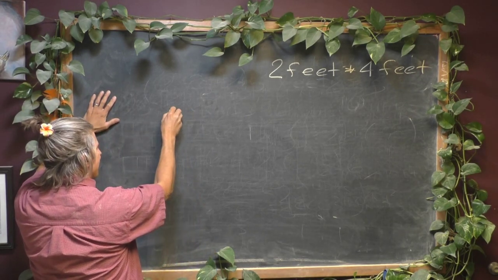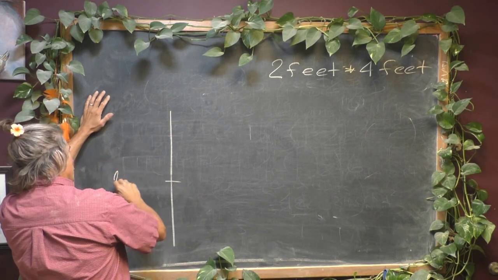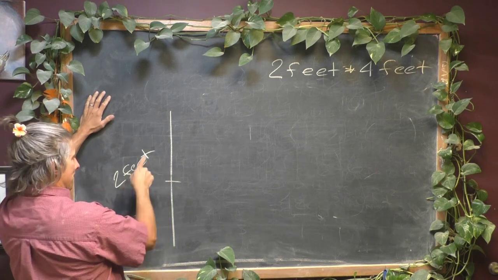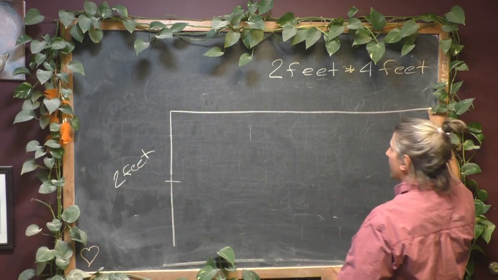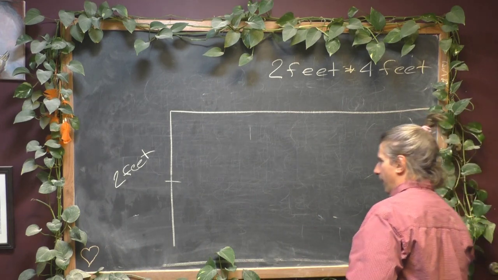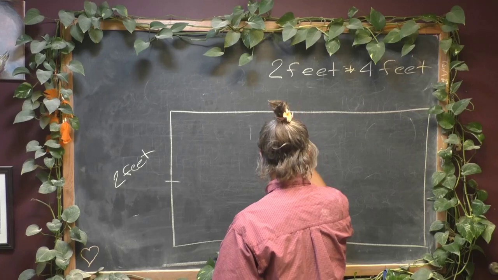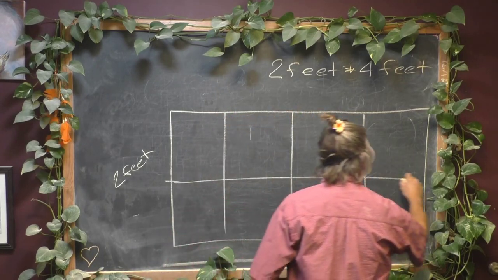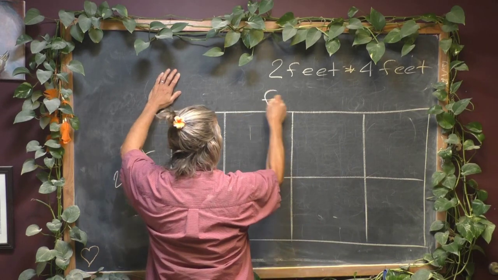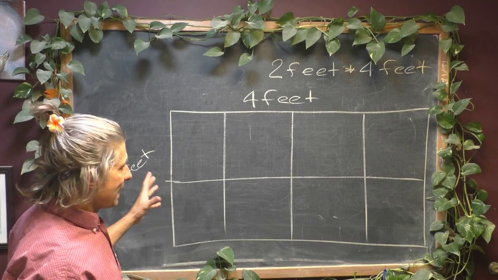So that's about a foot, and that's about a foot, so there's 2 feet there. And then 4 feet is going to be twice as wide. That'll take us just about to the end of this board. If I cut that up into feet, it's not perfect, but it gets the idea across. 4 feet up here. So you have 8 square feet.